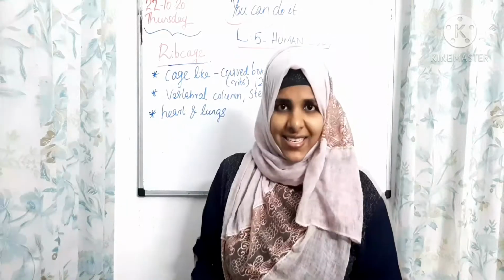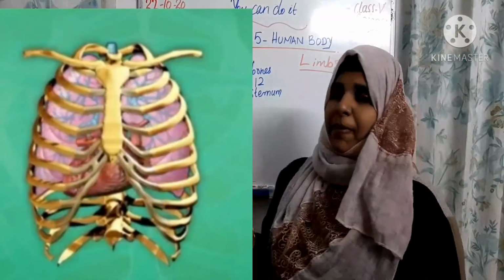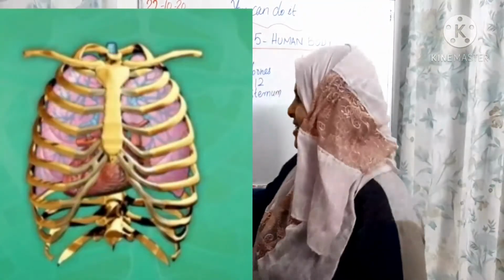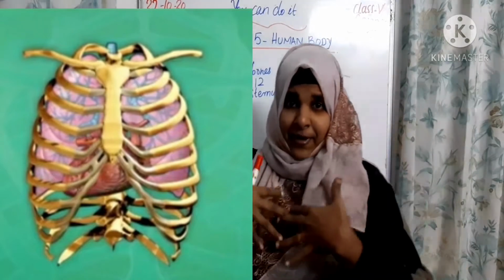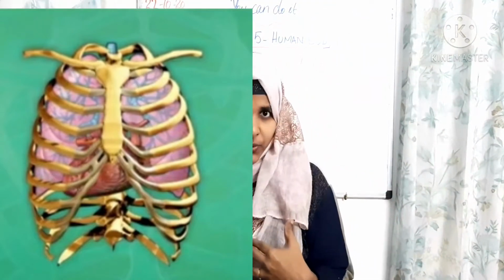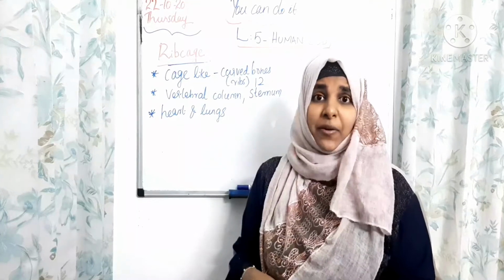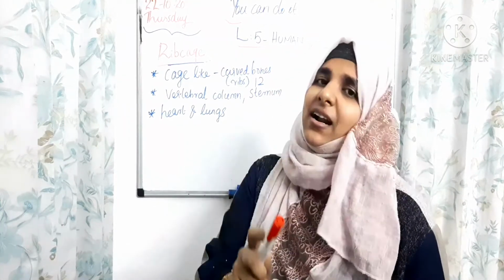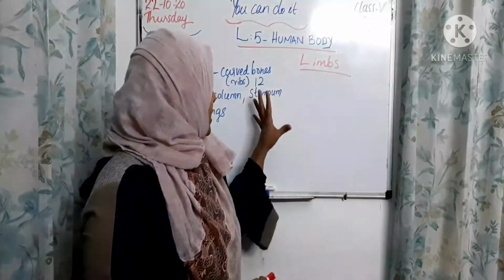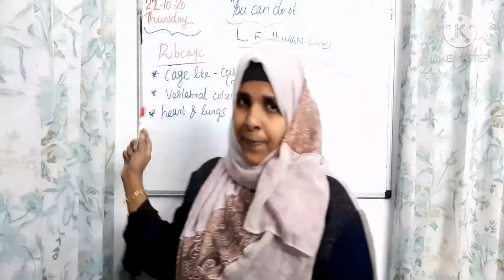Clear, all of you? And heart and lungs are protected by the skull? No, heart and lungs are protected by the rib cage, that cage-like structure. These curved bones protect the heart and lungs, but our brain is protected by the skull. So dear children, this is all about the rib cage.